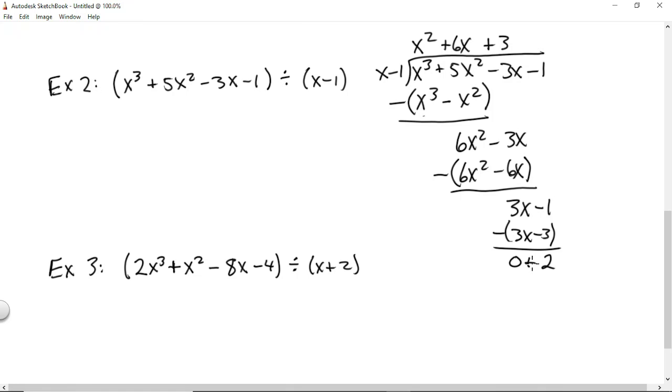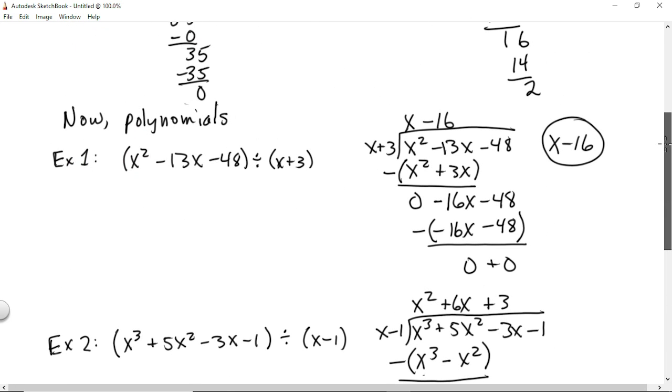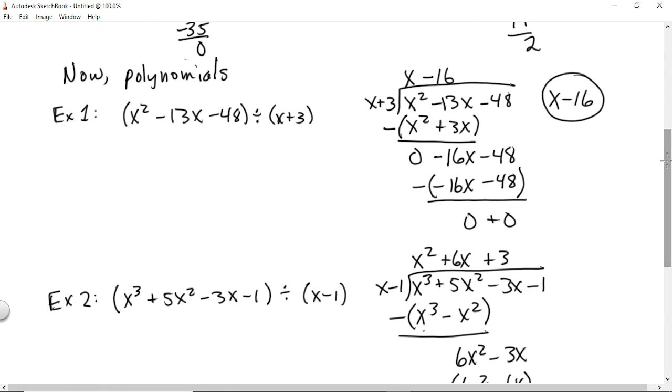This time it didn't come out to 0 down there, right? On the first one, we got 0 right here, and so there was no remainder, and that was just our answer.